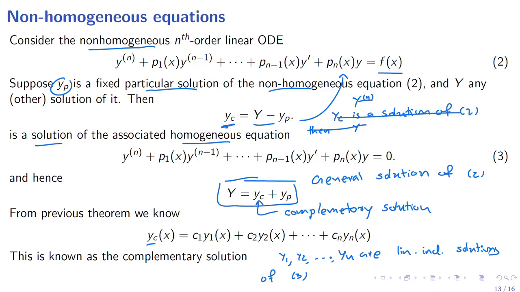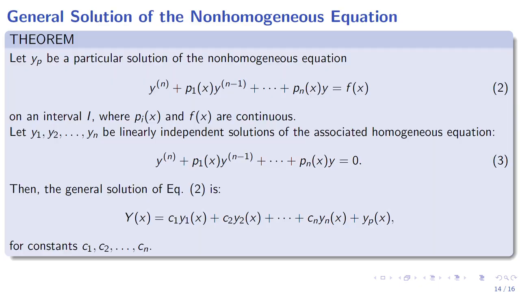So if we know all the solutions of the homogeneous equation and a particular solution of the non-homogeneous equation, then the general solution will be the superposition of those two. That's what this slide says.